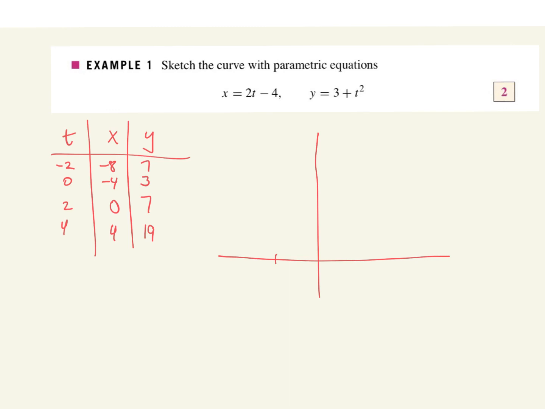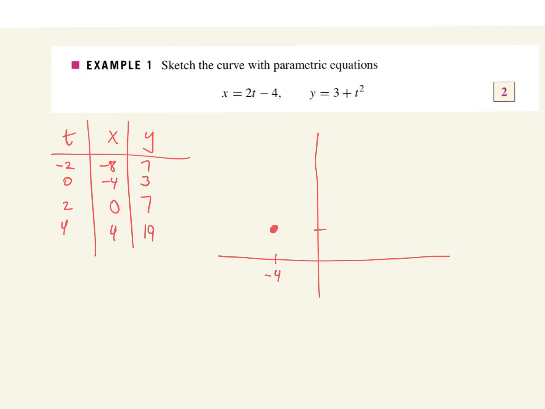And I can also make the observation I do have a quadratic happening. I have a linear input and a quadratic or a second degree output still, right, in terms of my xy coordinate plane. So -4 and 3, I can call that roughly right there.